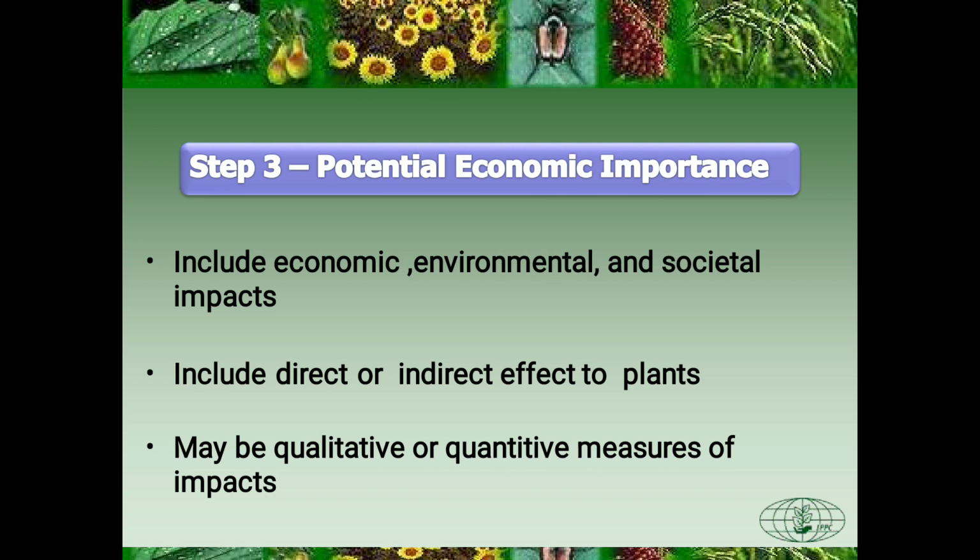It also includes the direct or indirect effect on the plants. We assess the qualitative or quantitative measure of that impact, or whether there is a qualitative and quantitative loss. So in step three we assess all those points.